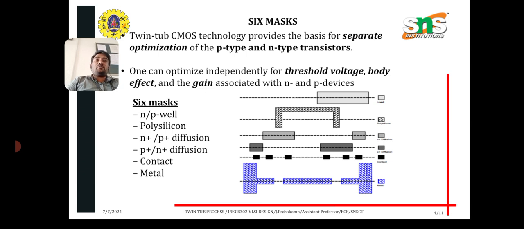These terms are fundamental in understanding how integrated circuits are designed and manufactured, especially in processes like CMOS. If you have more specific questions about any of these terms or other applications, feel free to ask. Okay.